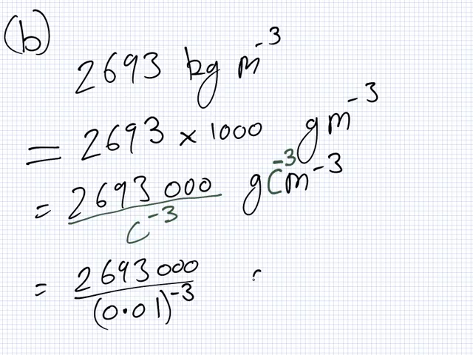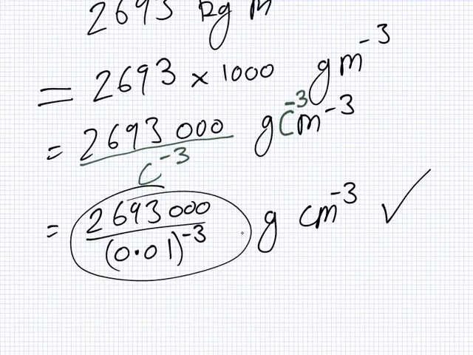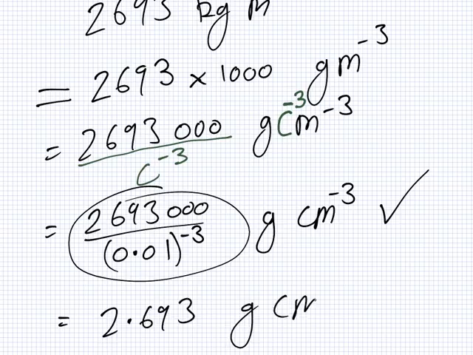And then here I have grams per centimeter cubed. So actually I'm finished. I just need to hit this in on the calculator. So you can do it by pen and paper, but if you're feeling lazy, you just put it on the calculator and you get 2.693 grams per centimeter cubed in the end.